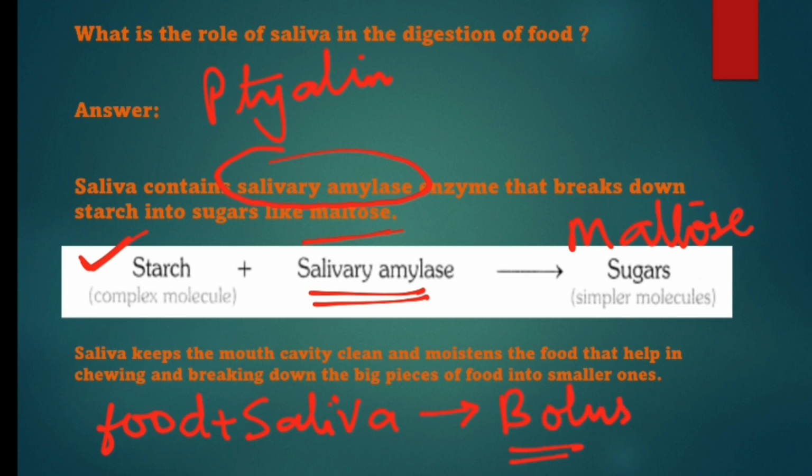This bolus is formed by chewing and breaking down of food with the help of the teeth, the tongue and the saliva, and this whole process of breaking down is called mastication. Mastication means the breaking down, grinding and chewing of the food with the help of teeth, saliva and the tongue.